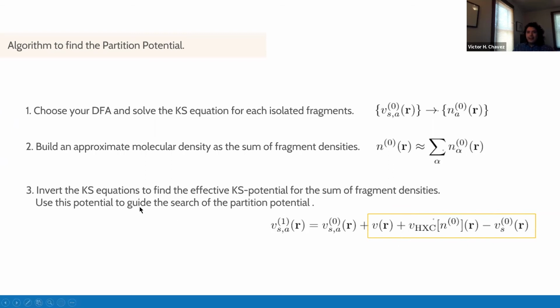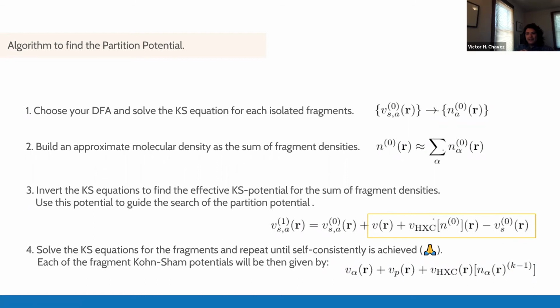And of course, I'm just writing down this thing in a single line, but I could talk for hours on how hard this is to do, and how inversions, whenever you're applying them with a basis set, you end up with a lot of spurious artifacts that are due to basis set expansions. And then let's just assume that everything is nice and happy. Then we can just keep doing that procedure over and over until, hopefully, self-consistency will be achieved. And then each of the fragment Kohn-Sham potentials will be given by this expression.